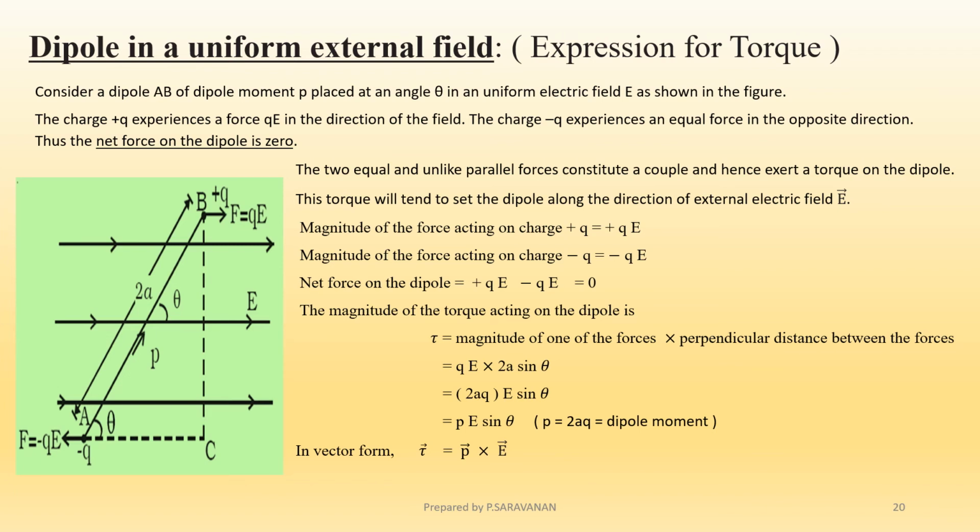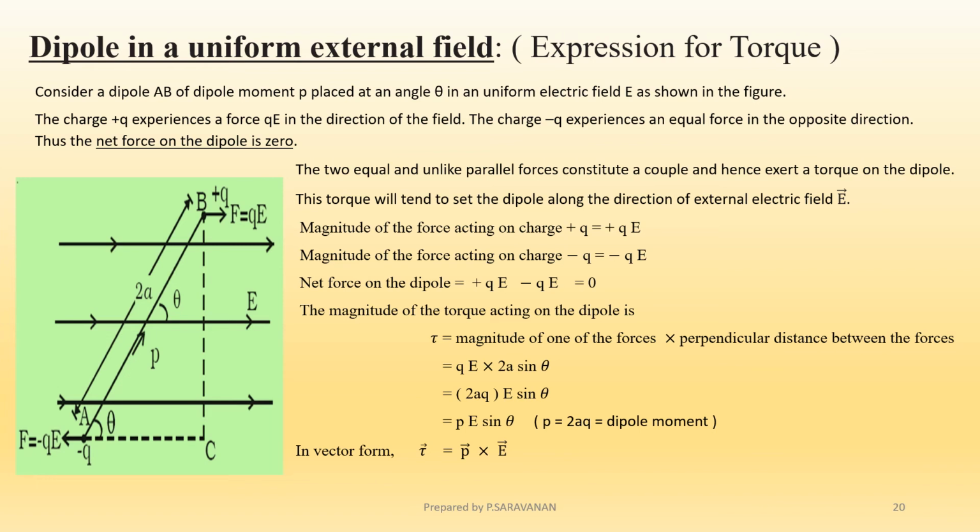Now look at the derivation. The magnitude of the torque tau is equal to QE times 2a sin theta. I will group the terms 2a and Q separately so that tau is now equal to 2aQ times E sin theta.